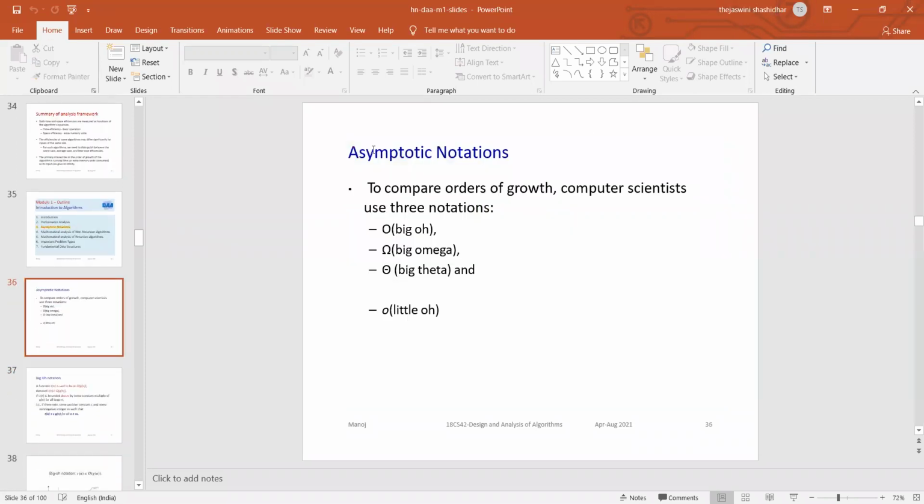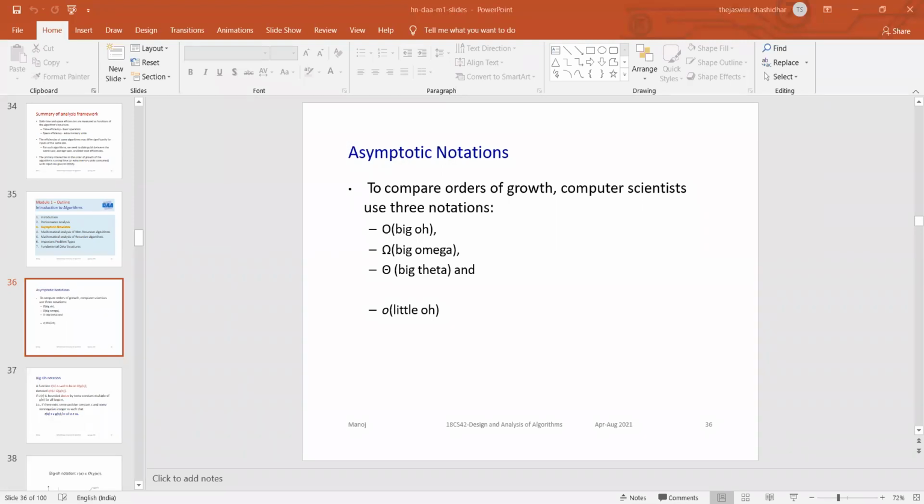Okay, so now you come. What are asymptotic notations? They are used to compare the order of the growth. So you all know which orders of growth we have. How many orders of growth are there? Anybody can answer.